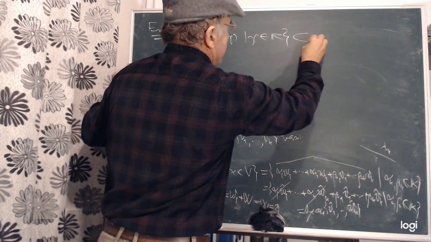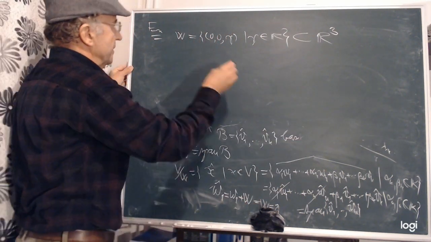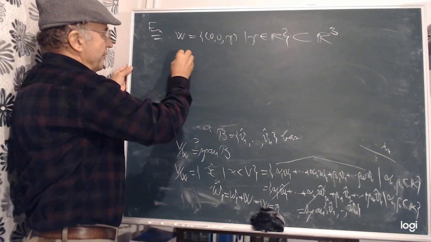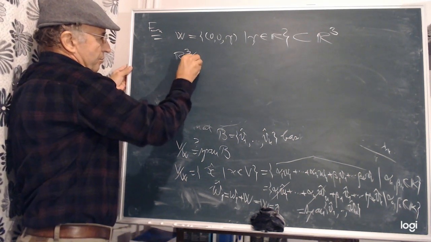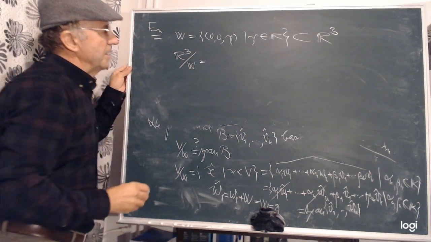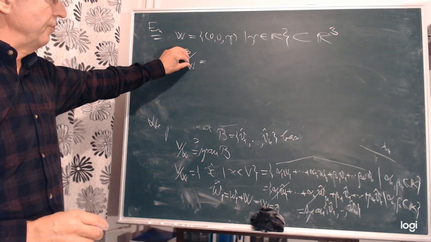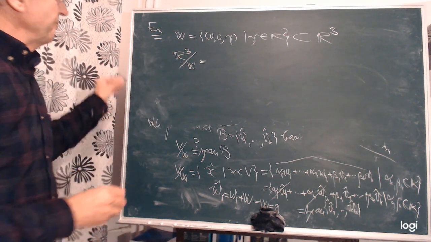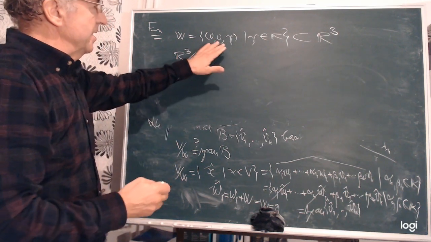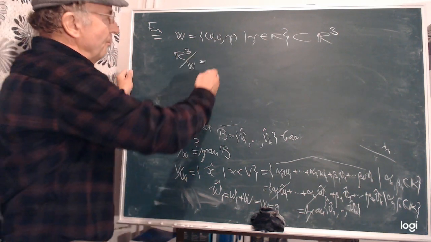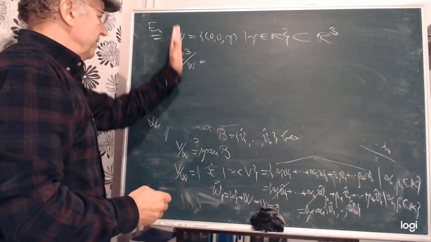This is a subspace in R3, and if we factorize R3 by this, these are the classes of equivalence. We obtain this vector space if we do not take into consideration the third component.